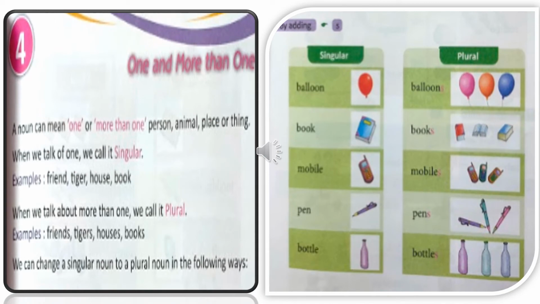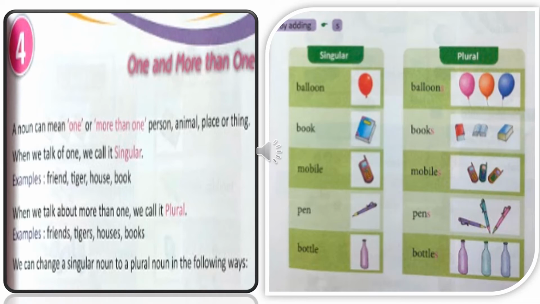Now let's go a little deeper and understand what is one and more than one. A noun can mean one or more than one person, animal, place or thing. When we talk of one, we call it singular, which means a single object.